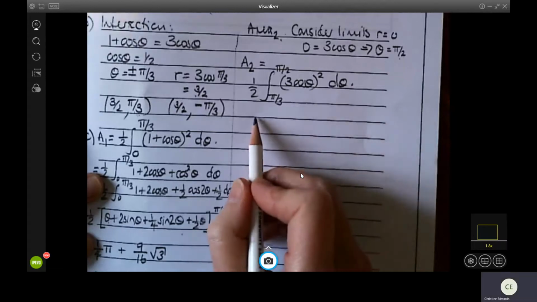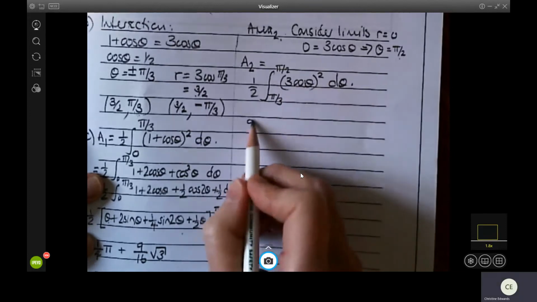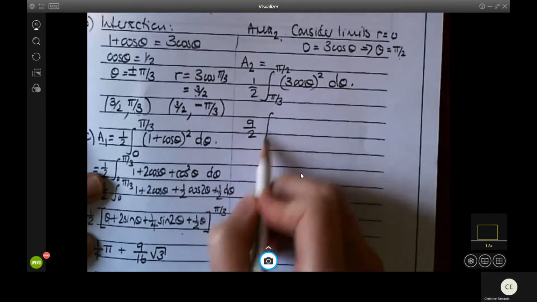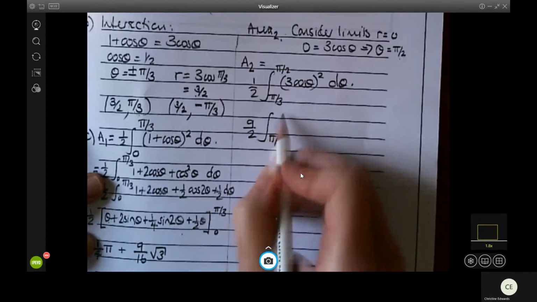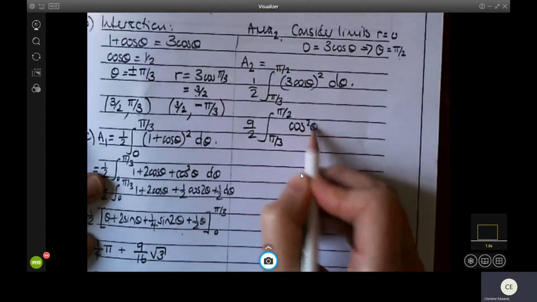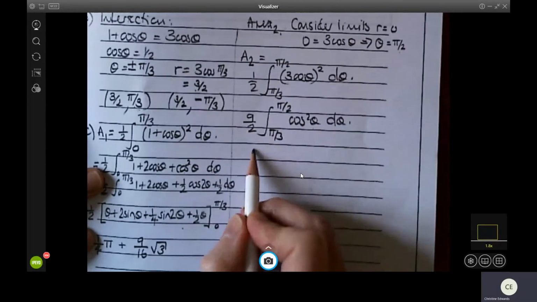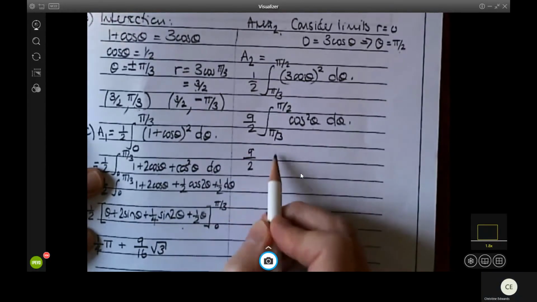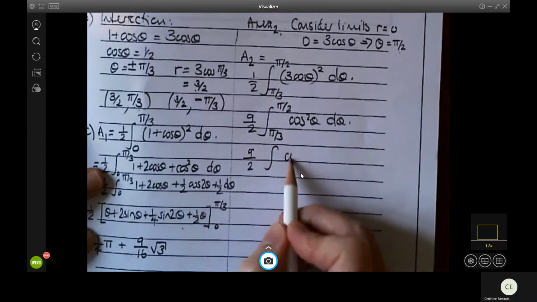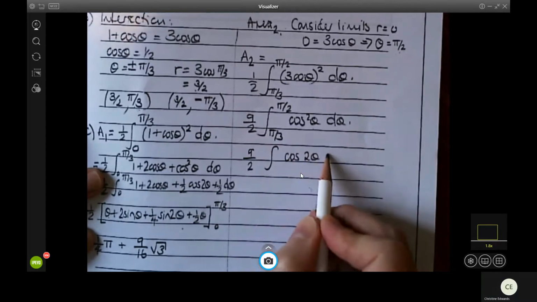So squaring this, we're going to get 9 over 2 cos squared theta. So again, it's a double angle substitution, plus 1.